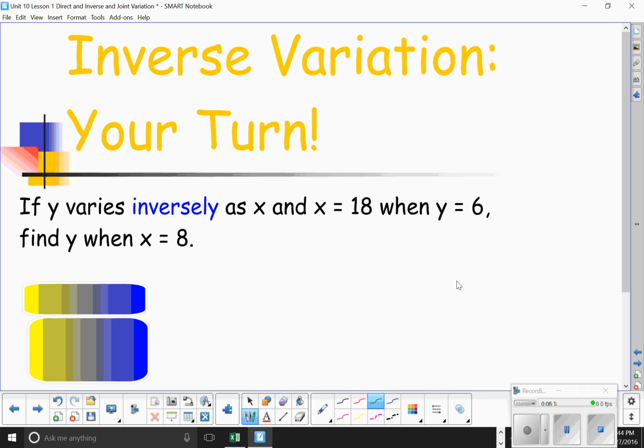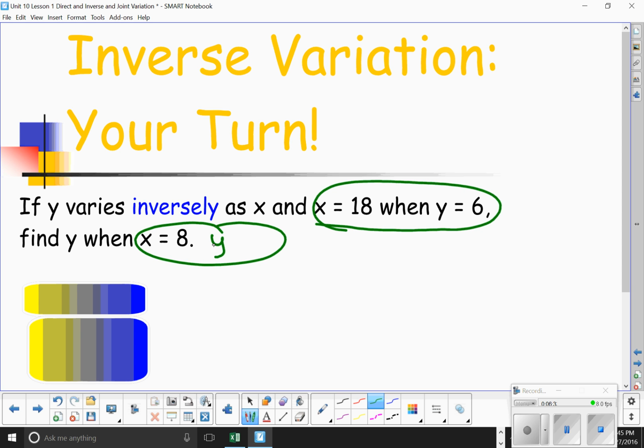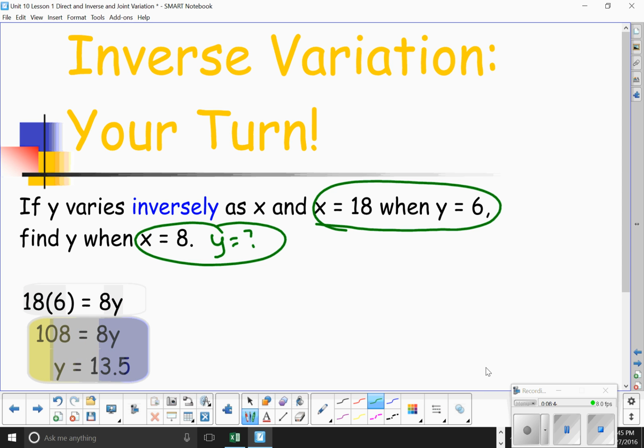I'll take that either way. Next up, if y varies inversely as x and x equals 18 when y equals 6, find y when x equals 8. Well, they vary inversely, so that means I'm going to multiply them. These two go together. This goes with a y that is an unknown. So first, I set it up, and then I solve. 108 equals 8y, y is equal to 13.5.